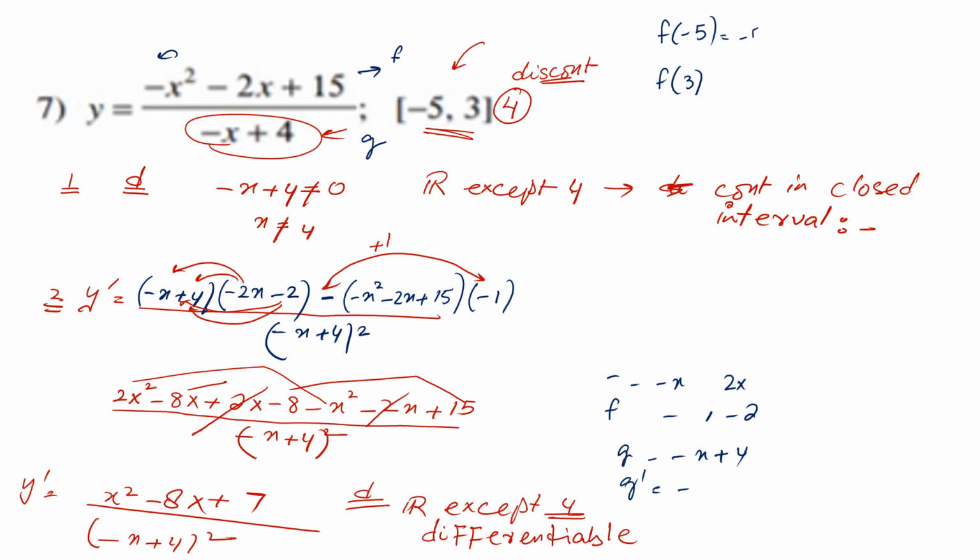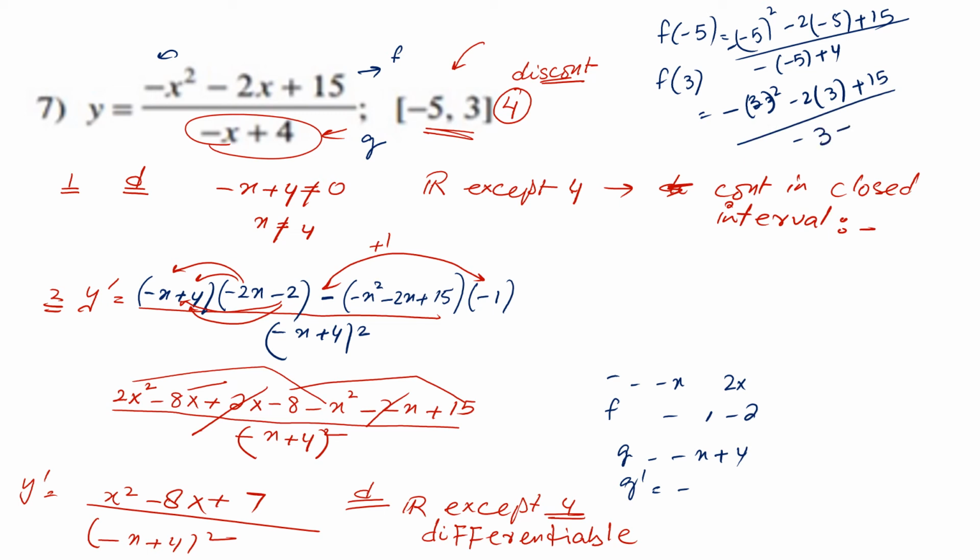So put it in the equation. For negative 5: negative 5 squared, negative 2 times negative 5, plus 15 over negative 5, plus 4. The second one you will get positive 3 squared, negative 2 times positive 3, plus 15 over positive 3, plus 4. So now calculate it.